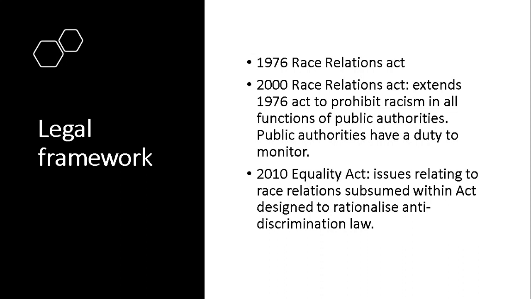In 2000, the Race Relations Act was extended to prohibit racism in all functions of public authorities, and public authorities have a duty to monitor this. The Equality Act of 2010 merged 9 main pieces of separate legislation, including the Race Relations Act, and now makes race and religious belief a protected characteristic, making it illegal to discriminate against someone based on their race or religious belief.